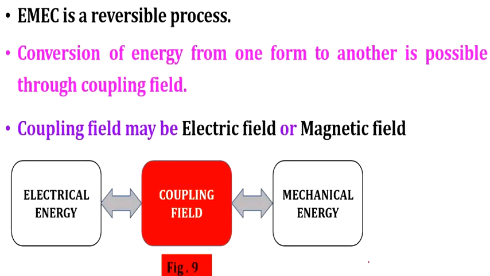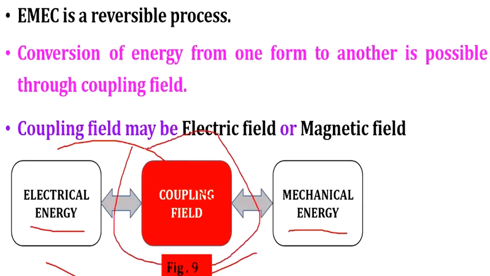The principle of electromechanical energy conversion is a reversible process. That is, the conversion of energy from one form to another is possible through the coupling field. Usually, electrical energy will be converted to mechanical or vice versa, mechanical to electrical. Both conversions take place via a medium which is called the coupling field.